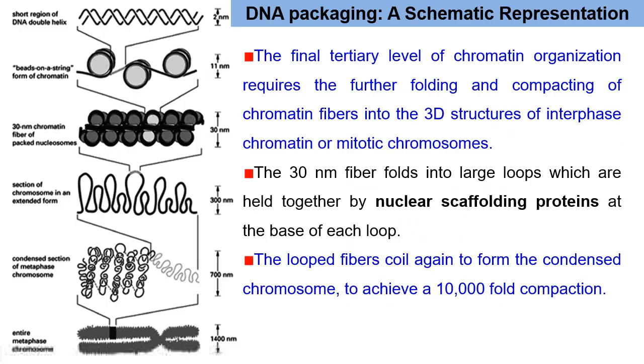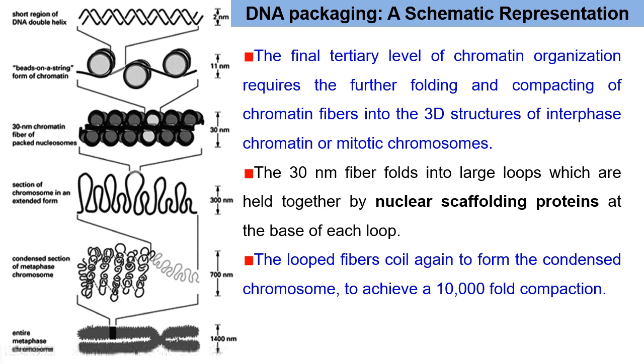The final tertiary level of chromatin organization requires the further folding and compacting of chromatin fibers into the three-dimensional structures of interphase chromatin or mitotic chromosomes. In order to achieve this, the 30 nanometer fiber folds into large loops which are held together by nuclear scaffolding proteins at the base of each loop.